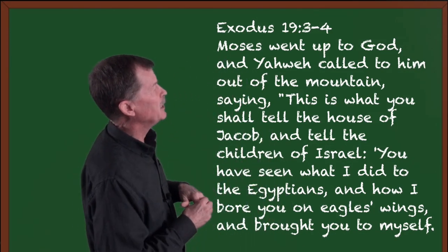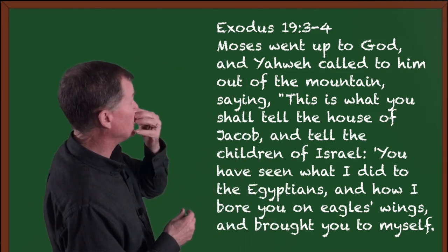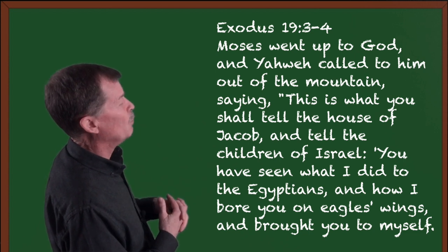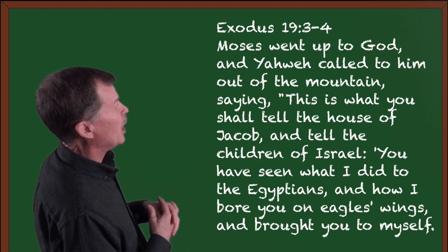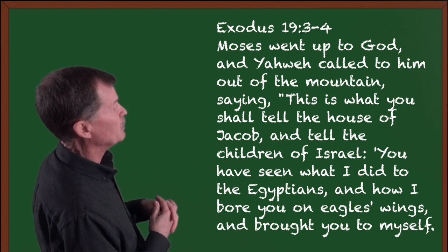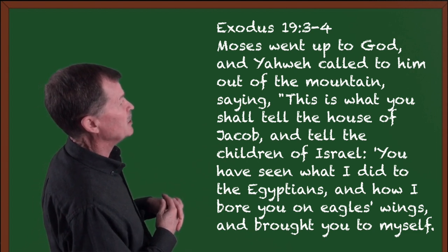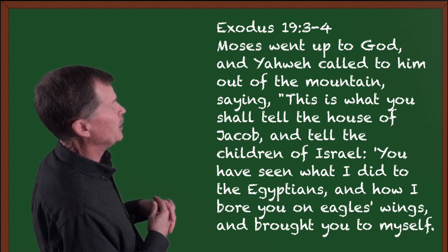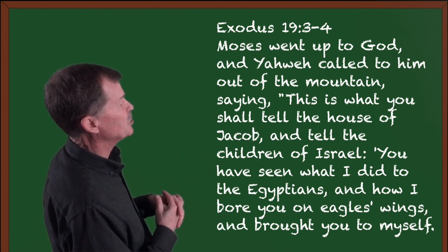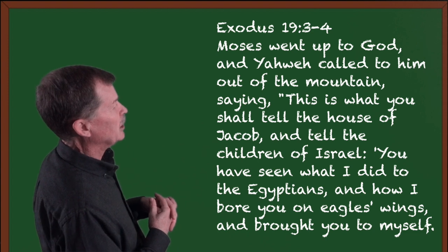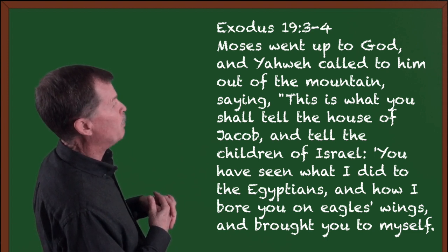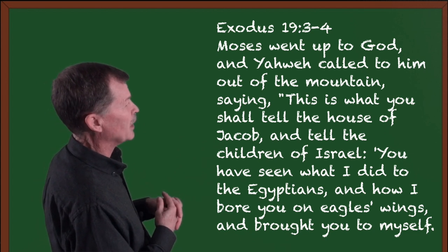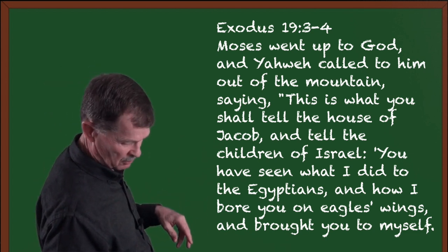This is what we find in Exodus chapter 19, verses 3 and 4. Moses went up to God, and Yahweh called to him out of the mountain, saying, "This is what you shall tell the house of Jacob, and tell the children of Israel. You have seen what I did to the Egyptians, and how I bore you on eagle's wings and brought you to myself."